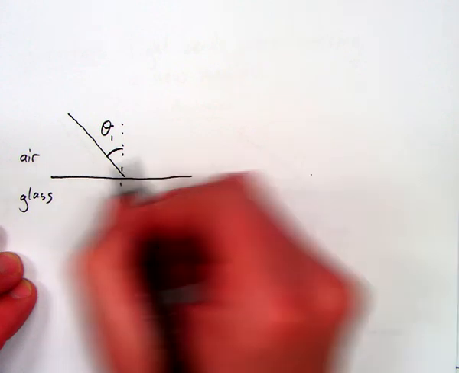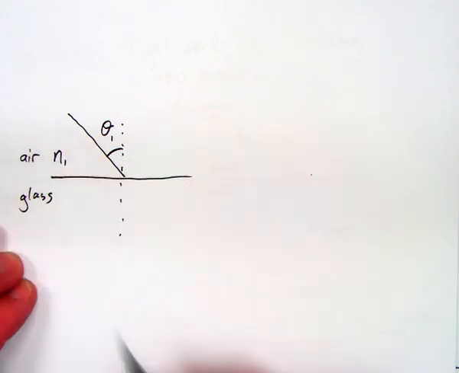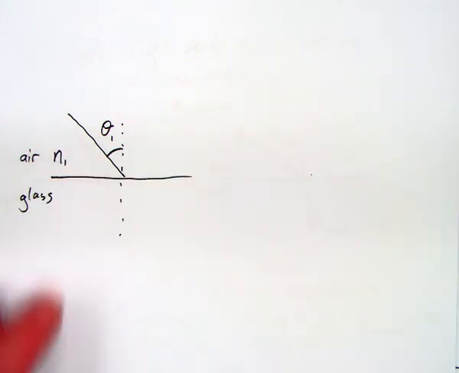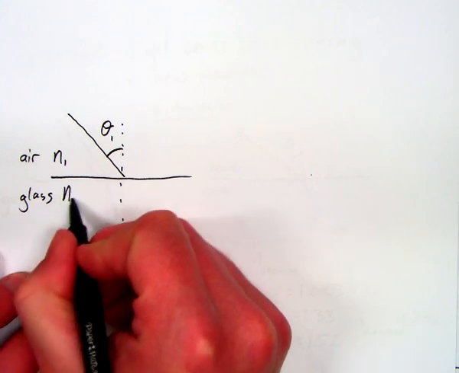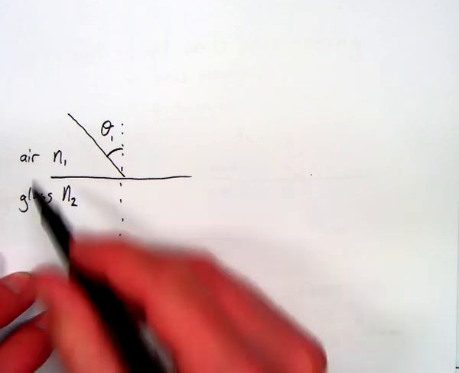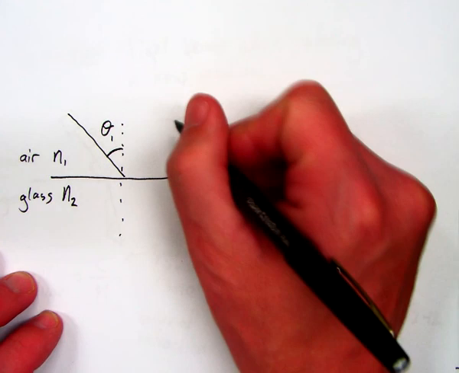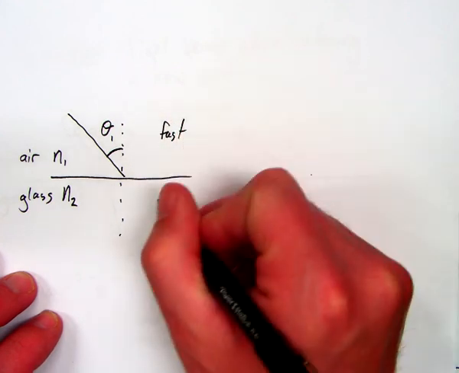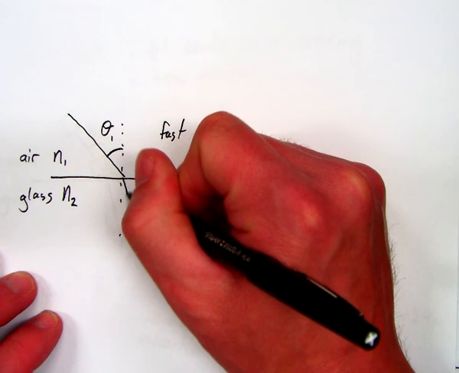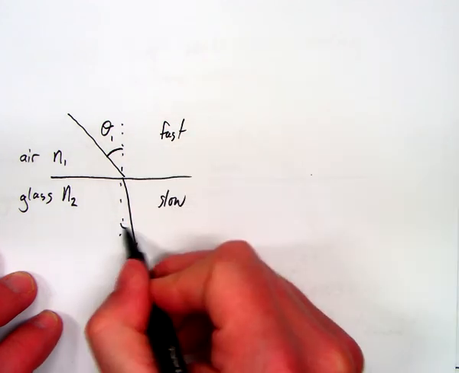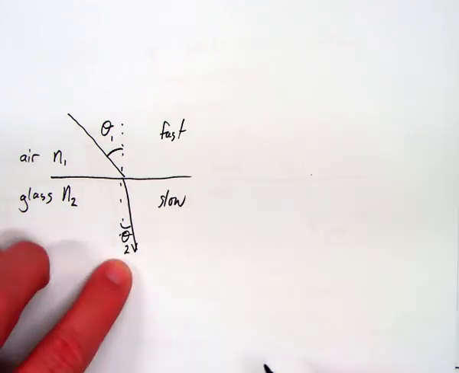And whatever this is, it has some index, call it N1. And this glass would have N2. Since light is going from fast to slow, I can predict that the light will emerge closer to the normal on the other side, such that theta 2 is smaller.